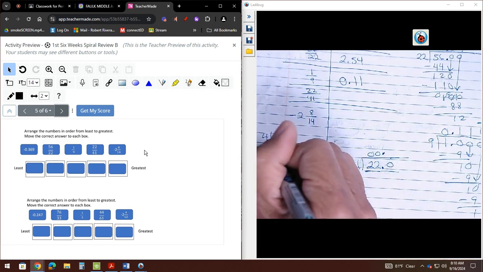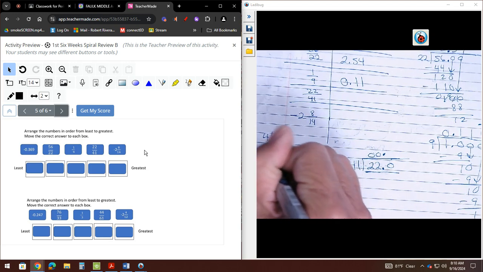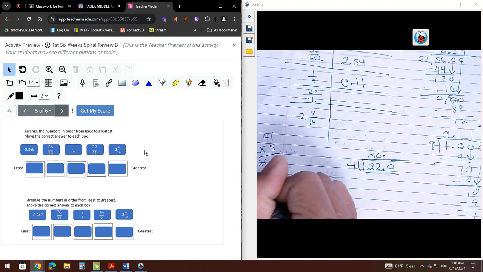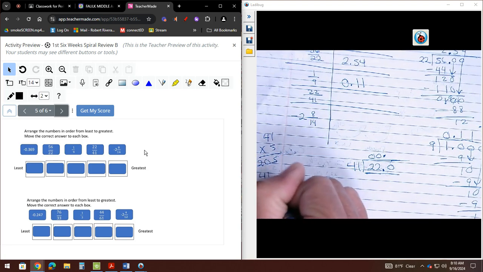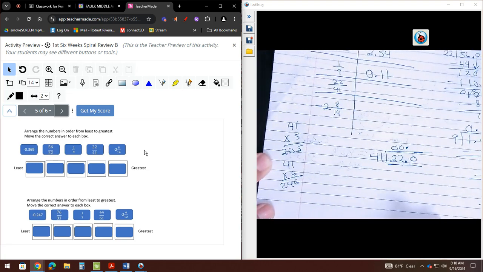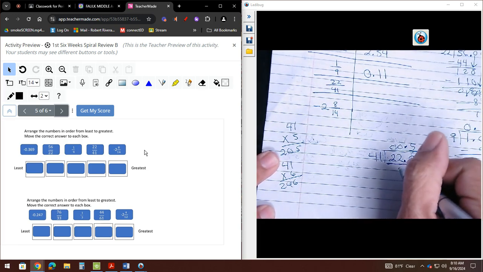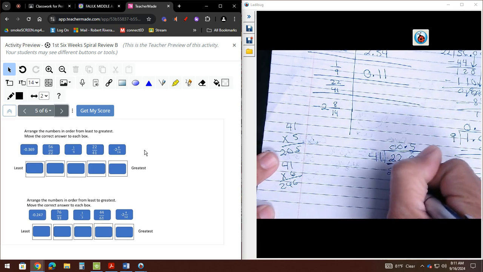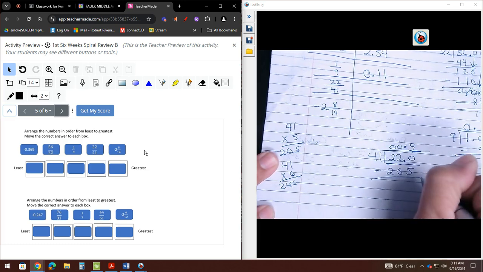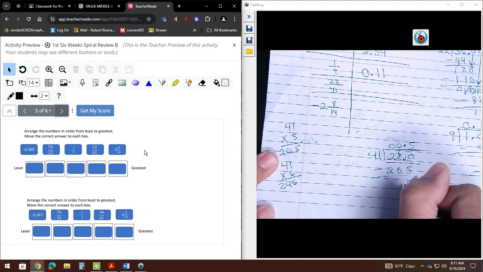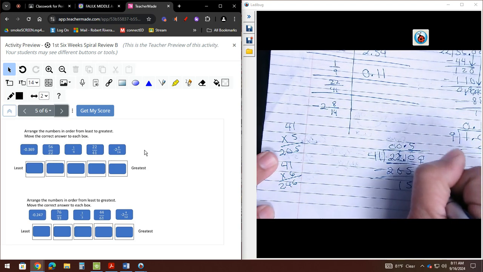So I'm going to go and guess on the side. Let me guess, I don't know, 5. That's pretty close. Let me guess 6. That went over, so it is 5. Add a 0.